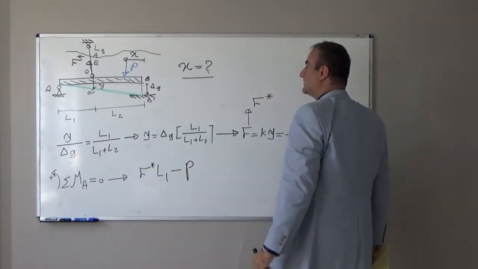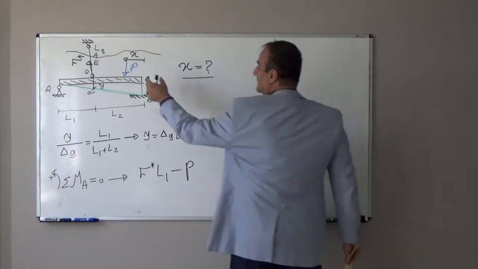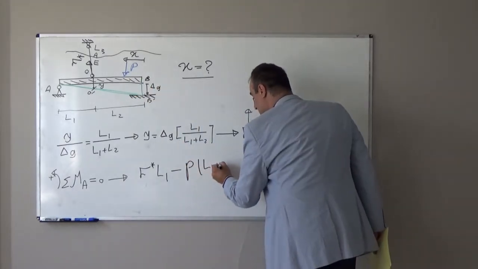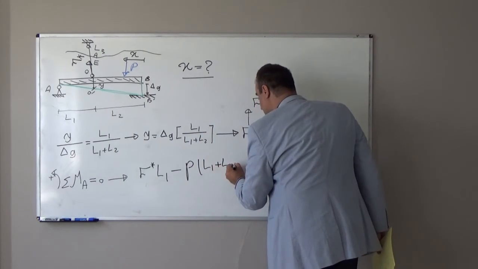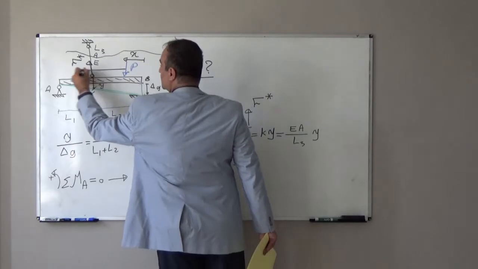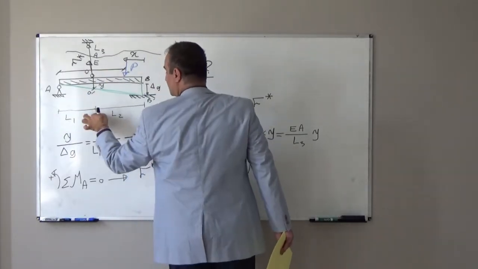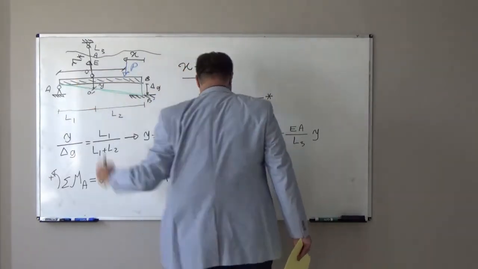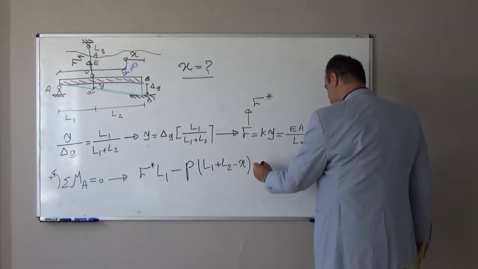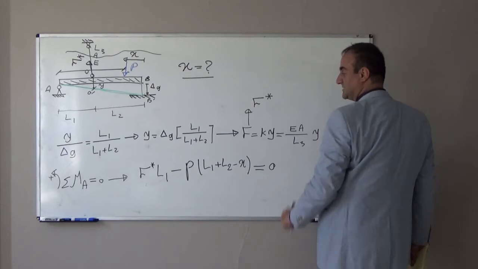The distance from there up to A, if this distance is unknown x, will be L1 plus L2 minus x. So from here to here will be L1 plus L2 minus x, that distance. And because it is clockwise, I assume it is 0 equals 0.